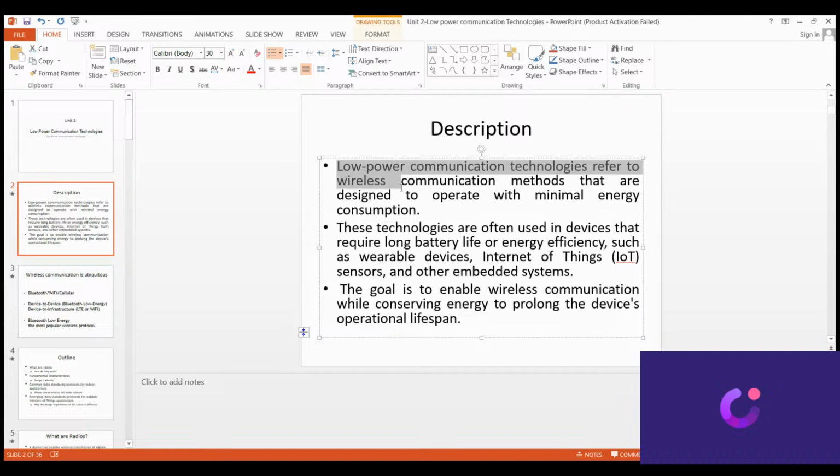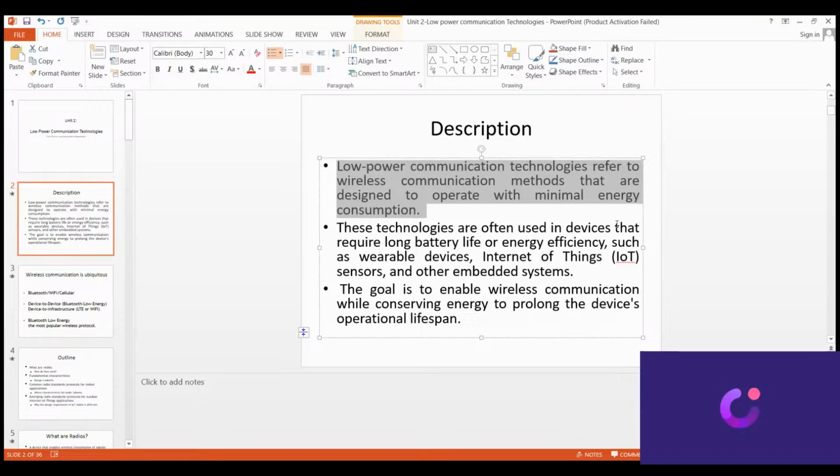Low power communication technology basically refers to wireless communication methods that are designed to operate with minimum energy consumption. Here we are focusing our attention on devices that do not use much power, so they consume minimal energy.